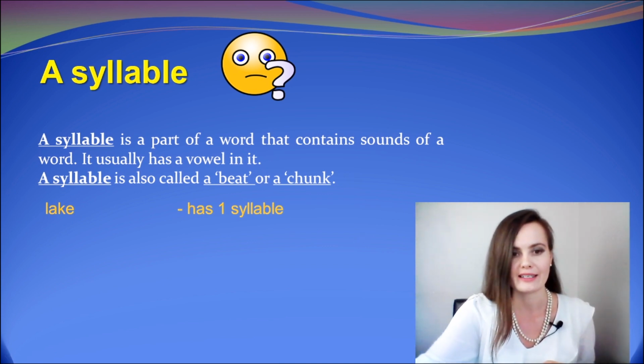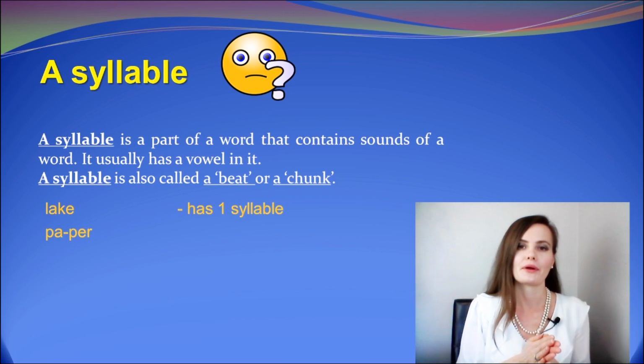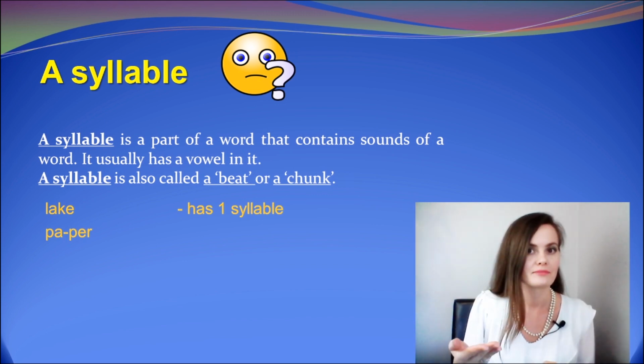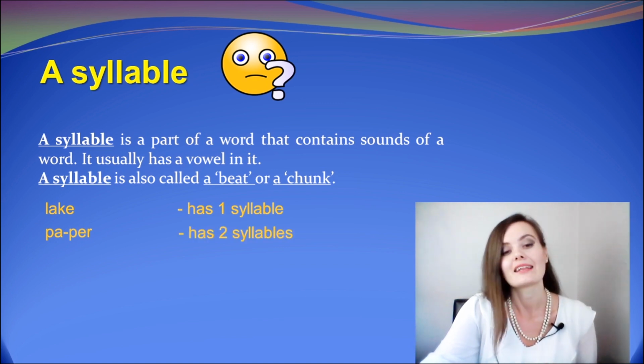Let's look at the next example. Paper. Let's clap together. Paper. Paper. Now your turn. That's right. So how many syllables do you see in this word? You're right. This word has 2 syllables.